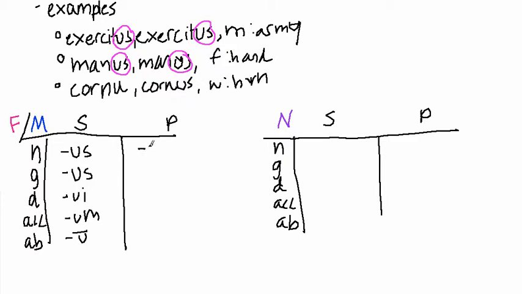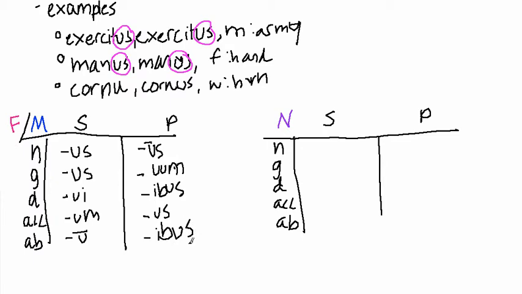And the plural is us with a macron. Genitive is with two u's. And the dative is ibus. And accusative is us, and ablative is ibus.